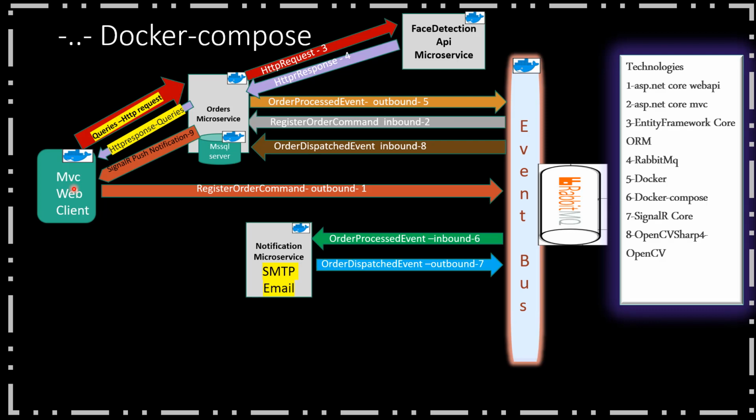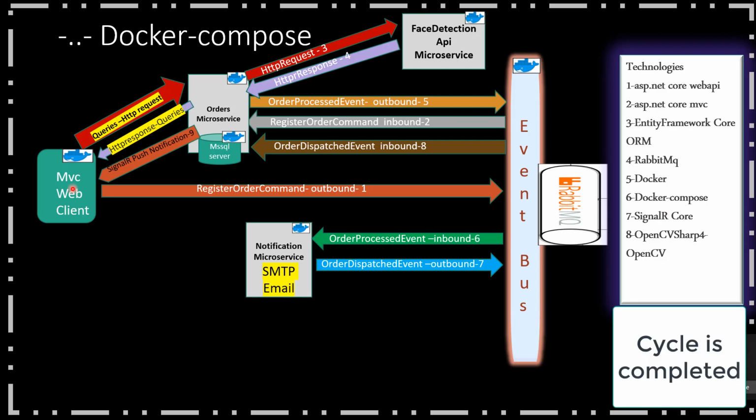So the admin user looking at the orders list does not have to make a request or refresh a page. It's all handled by the SignalR Core client JavaScript code, which receives the change and refreshes the page automatically, and thus our whole cycle is completed.